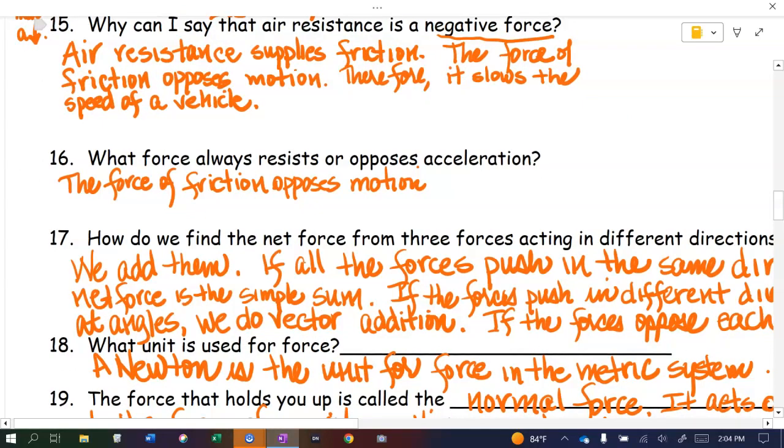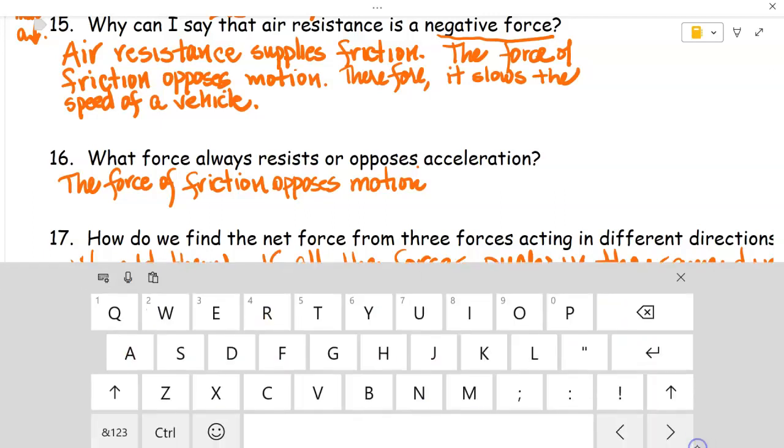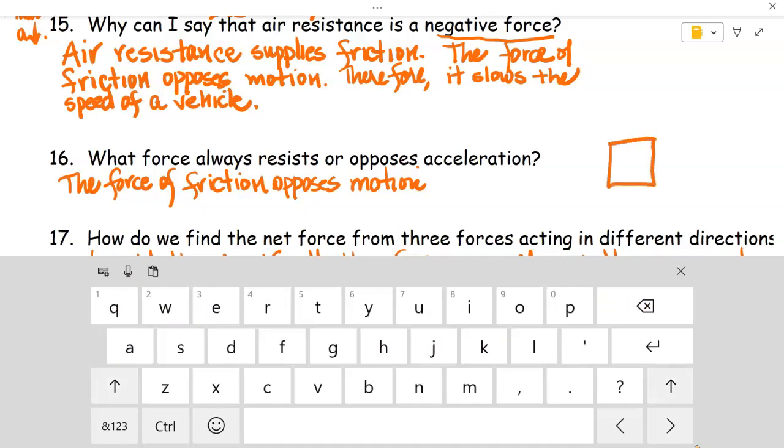And 16 asks the corresponding question: what force always resists or opposes acceleration or motion in general? And the force of friction is the answer for that. It opposes motion. All right, so if we have an object and we push a force on it, in this case we would be saying that the resistance is not resistance with the air, but resistance with the surface.